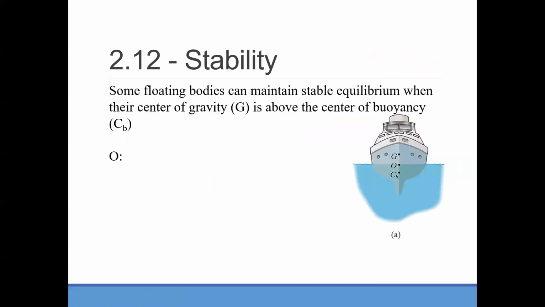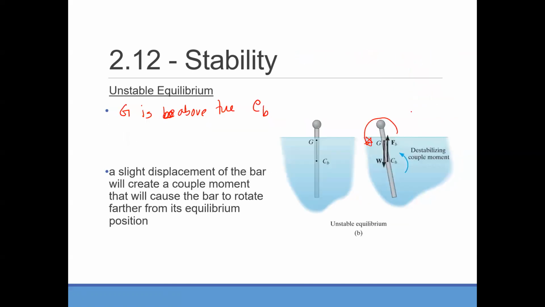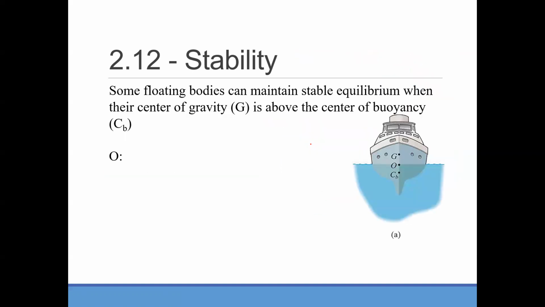Now here we saw that if G is above CB, it is unstable. But some floating bodies are still able to maintain equilibrium even if G is above the CB, based on how the whole thing is set up.